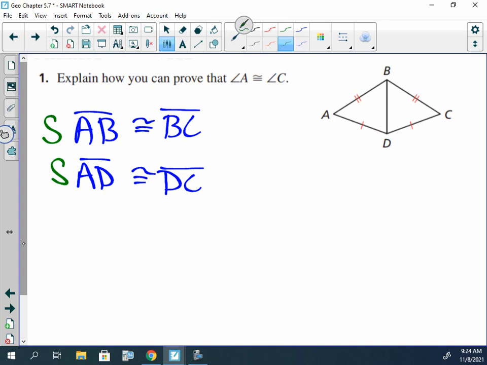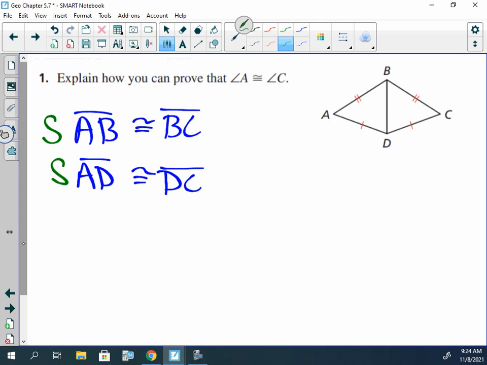Now, we are given two sets of sides, and we would need a third set, because the ones that work are side side side, side angle side, angle side angle, angle angle side, or hypotenuse leg, which only works in right triangles. With the information I'm given, so far I have how many sides? 2. Which of those that work with two sets of sides? Side angle side, or hypotenuse leg, because hypotenuse and leg are both side lengths, yes?